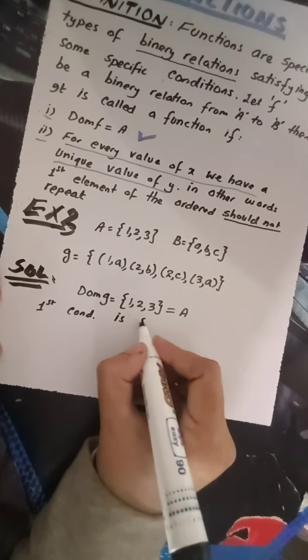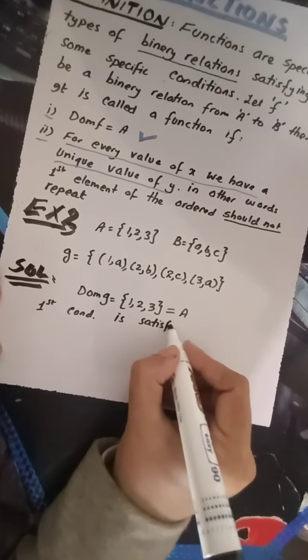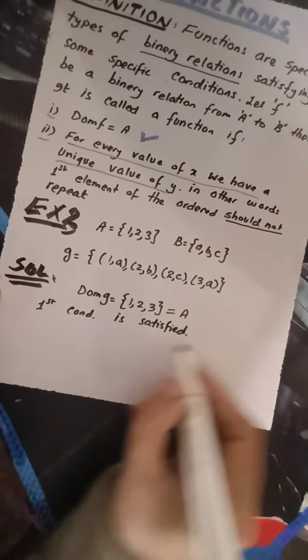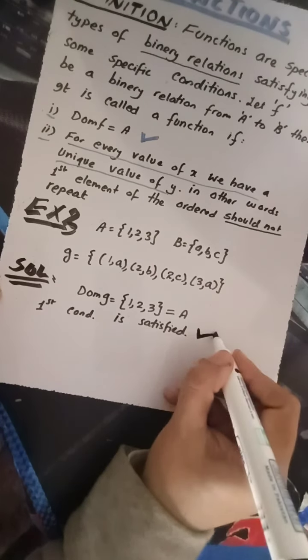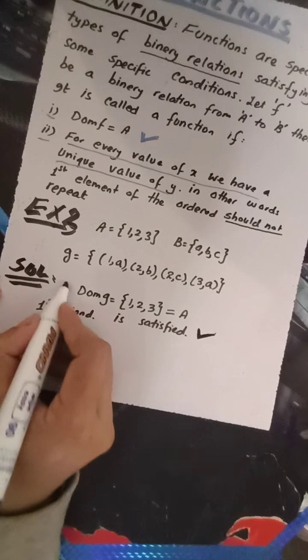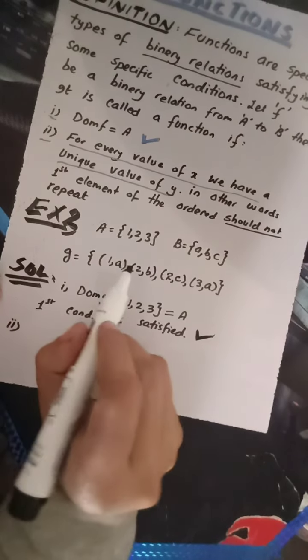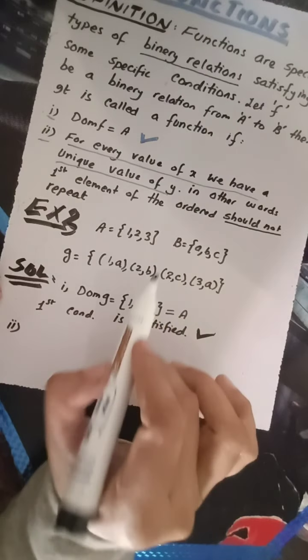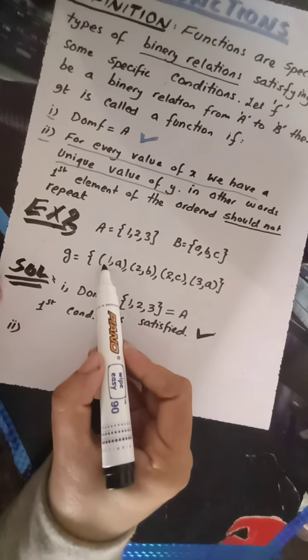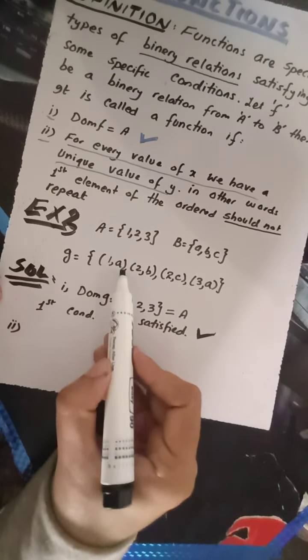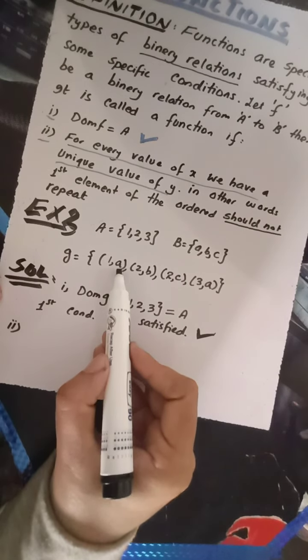Now I will move to the second condition and check whether it is also satisfied or not. Let me see if it has any repeating first element or not. For 1 there is a unique value of y, and that is a.